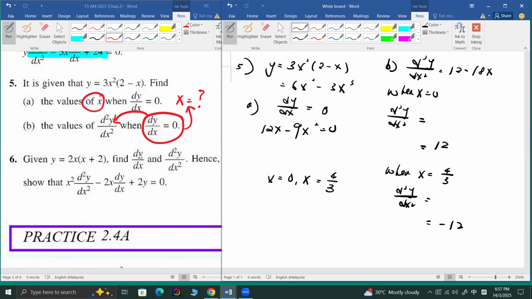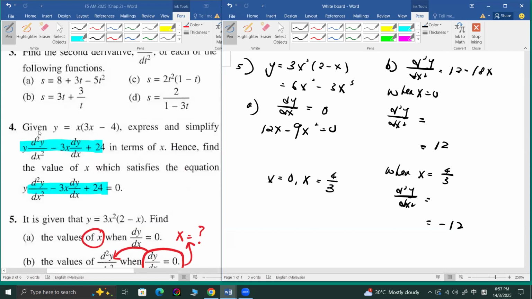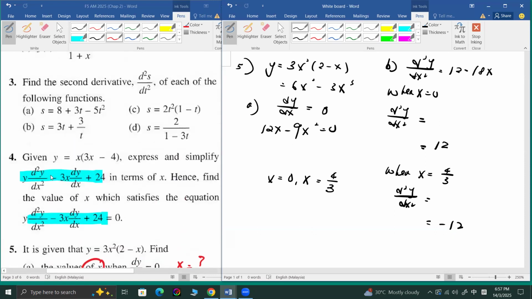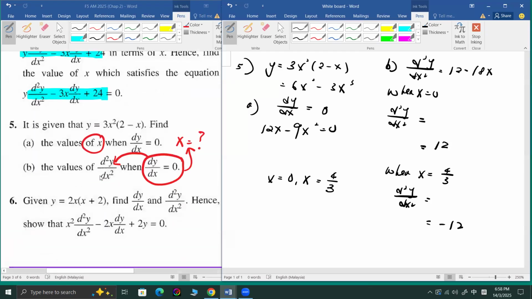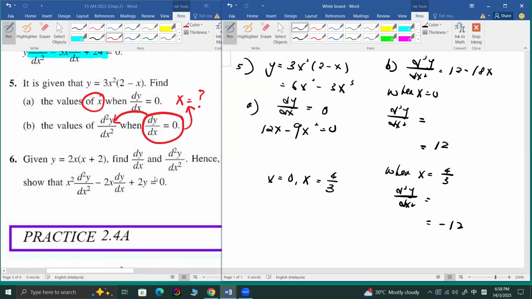Number 6, you find dy dx, this one you expand also. Find dy dx, then d square y dx square. You're asked to show. Show means you do like question 4. So like question 4 means you show until you get this answer, meaning that you copy this part.